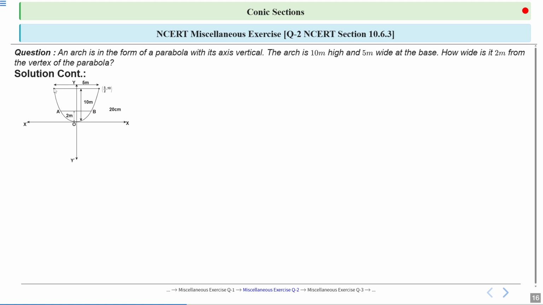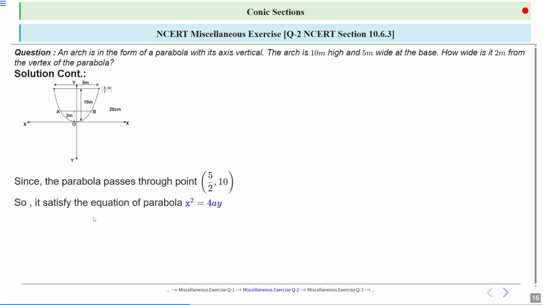So what can we say? Since the parabola passes through the point (5/2, 10), it satisfies the equation of the parabola x square is equal to 4ay. So (5/2) whole square is equal to 4 times a into 10. It implies a is equal to 25 upon (4 into 4 into 10). This is equal to 5 upon 32.